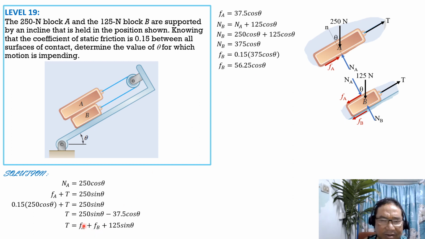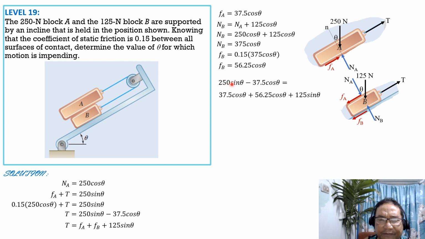Substitute into this equation the value of T, which is 250 sine theta minus 37.5 cosine theta, equals FA, which is 37.5 cosine theta, plus FB, 56.25 cosine theta, plus 125 sine theta.